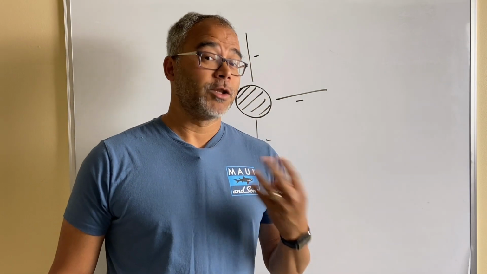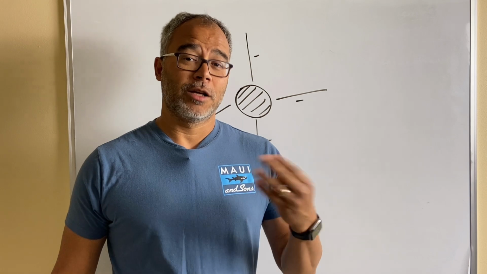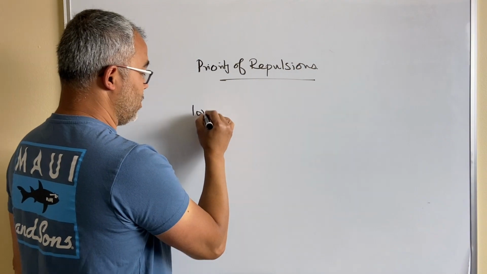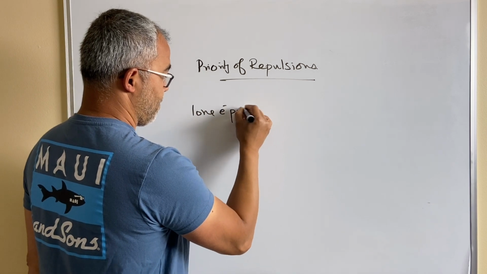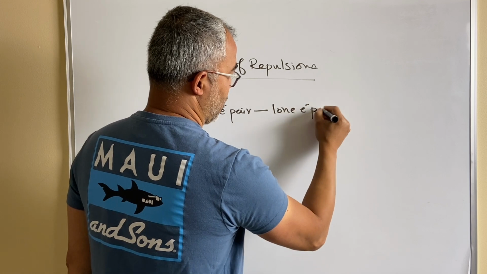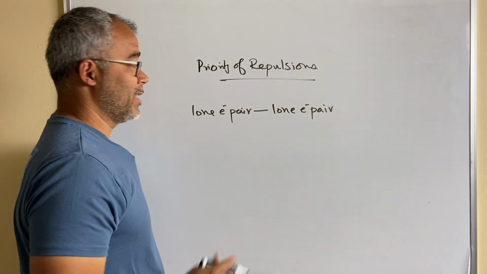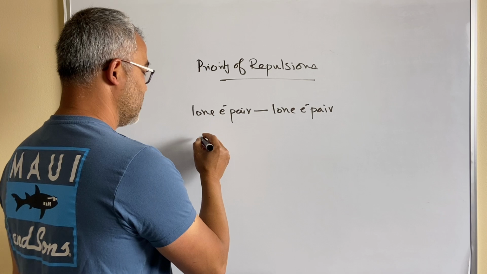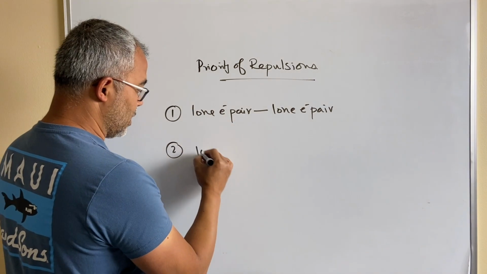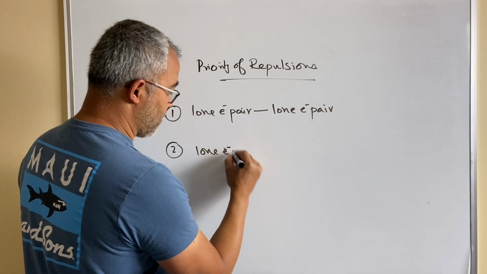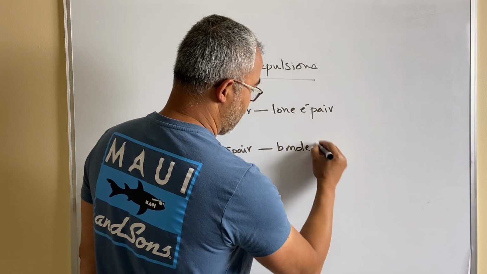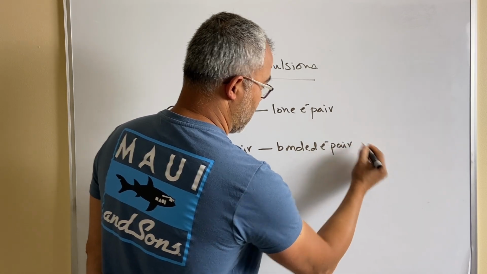A couple more things about these repulsions. There is a priority in terms of repulsions. Priority 1: a lone electron pair will repel another lone electron pair very strongly. They take up a lot more space. Priority 2: a lone electron pair will repel a bonded electron pair.